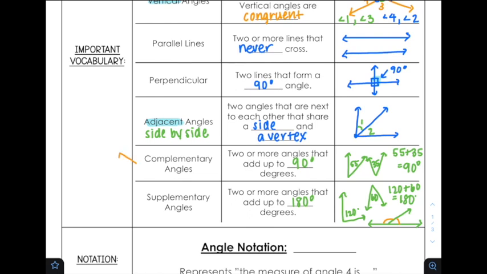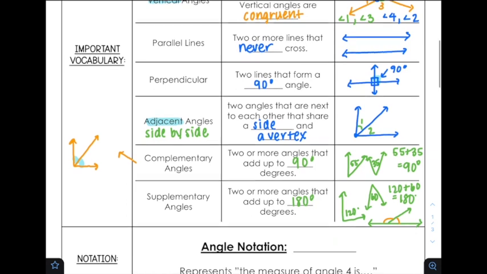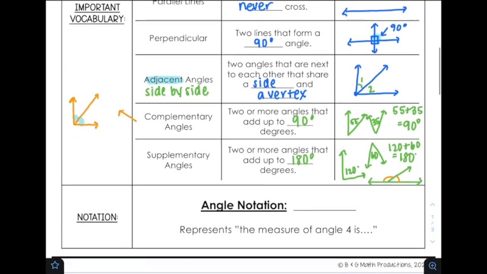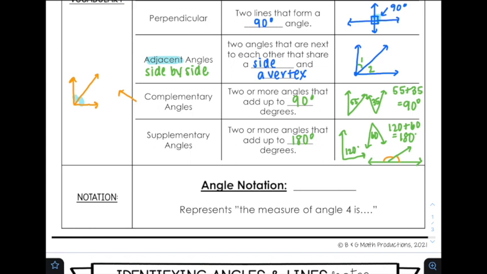With complementary angles, even if you have a 90-degree angle and you know that there's a split, these two angles are going to be complementary because they would add up to your 90 degrees here. So they could be separate or they could be adjacent. Moving on to angle notation, you usually have the measure of angle 4 look like this as your notation.